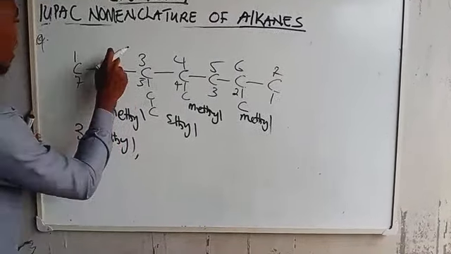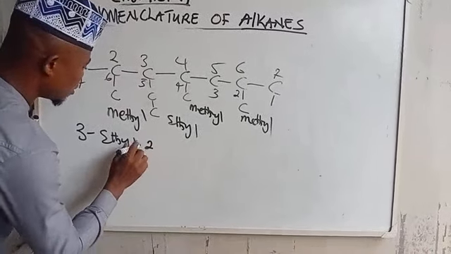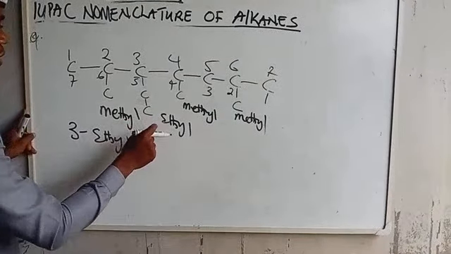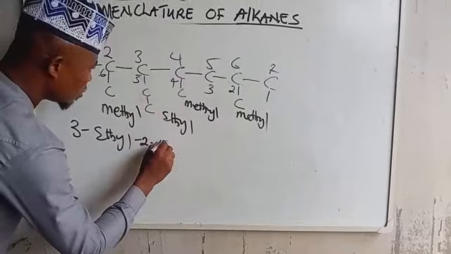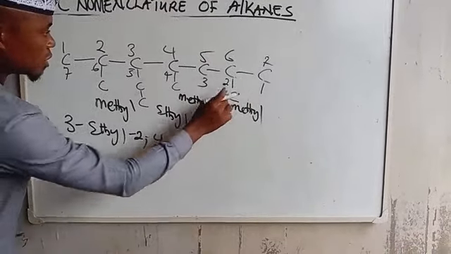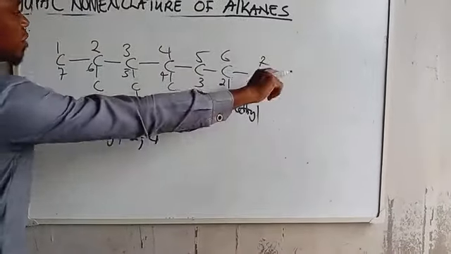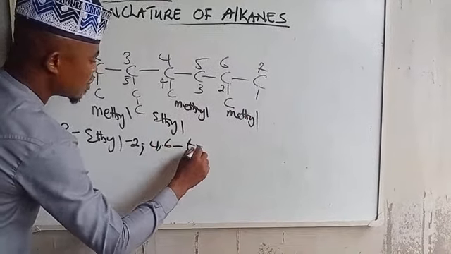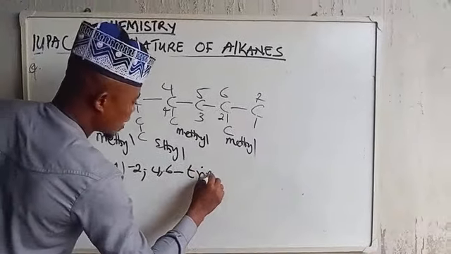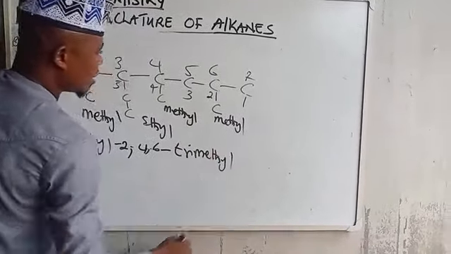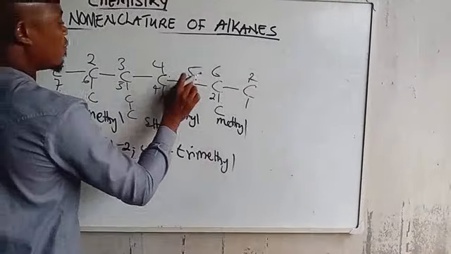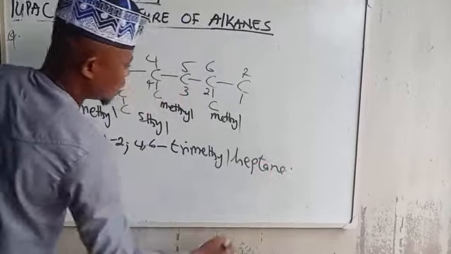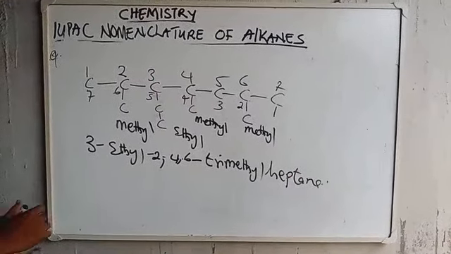My first methyl is on carbon number 2, so it's going to be 2, comma, 4, the second methyl is on carbon number 4, and the third one is on carbon number 6. Remember, it's this direction of numbering that we're using. Comma, 6. Because there are 3 methyl, you use the word tri. Trimethyl. Now, our longest chain, 1, 2, 3, 4, 5, 6, 7. Heptane. So that is how to name a compound like this.